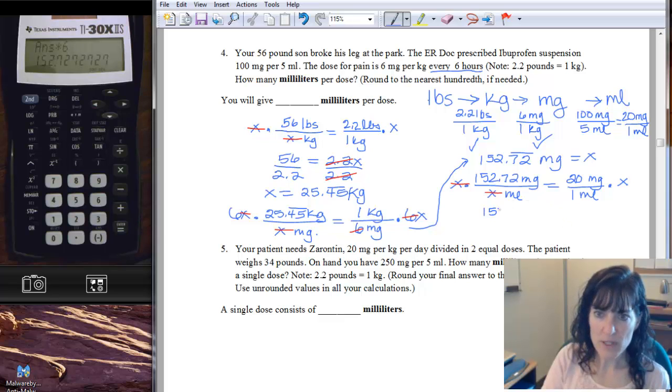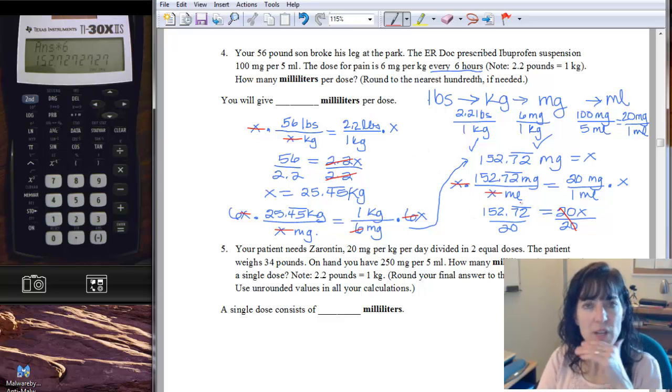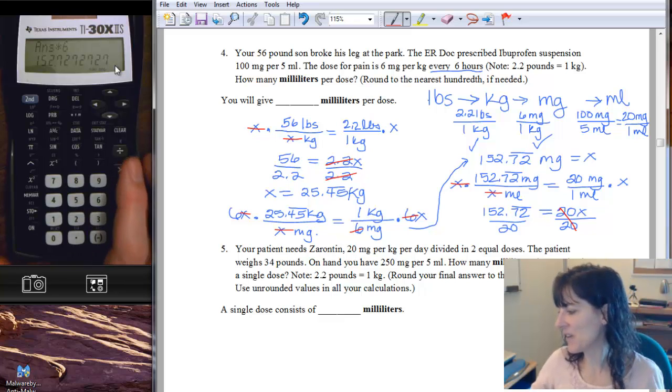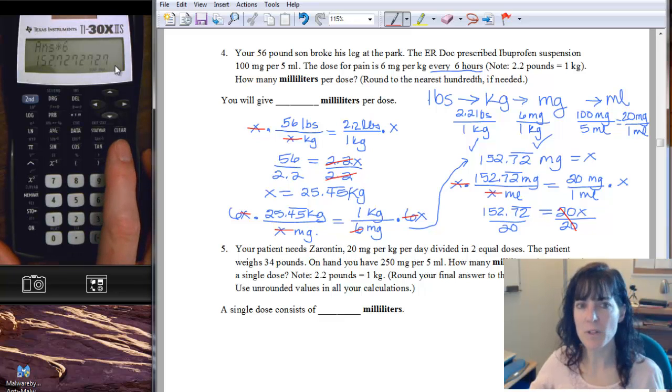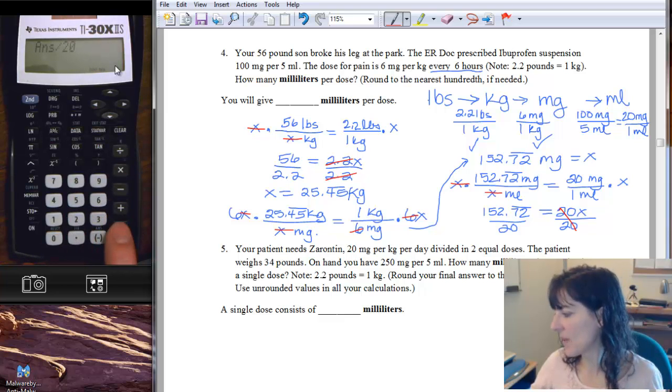So I'm going to write that down. I have 152.72 repeating equals 20x. I want the x by itself, so I'm going to divide both sides by 20. My 20's will reduce. And on the left, I have to do that division. I have that 152.72 repeating on the calculator already, so I'm just going to click on divide, and then 20 equals.